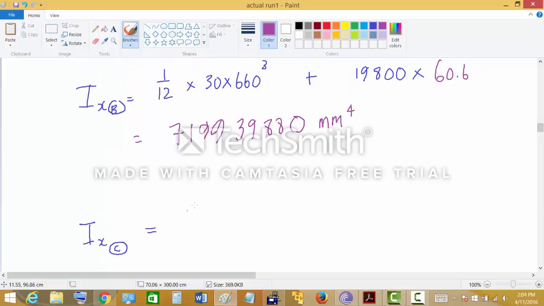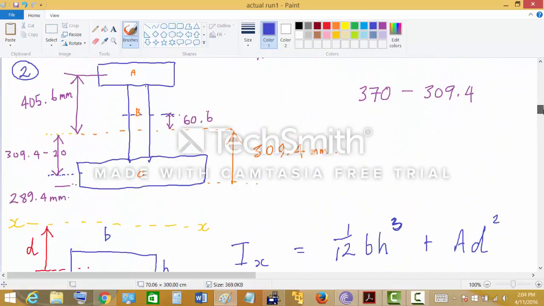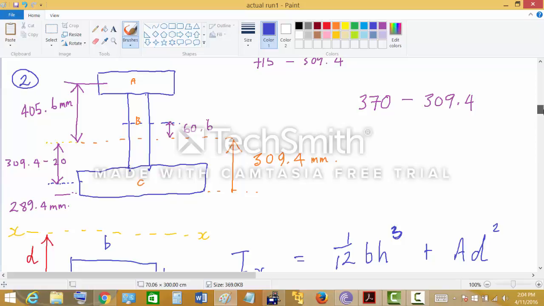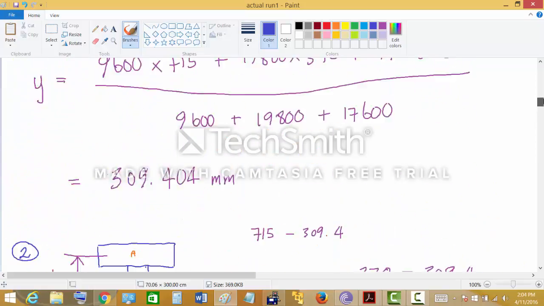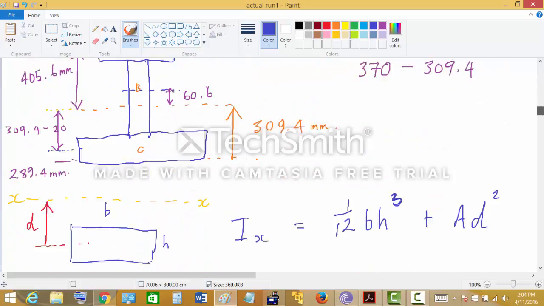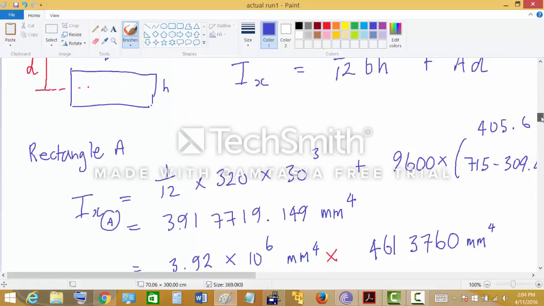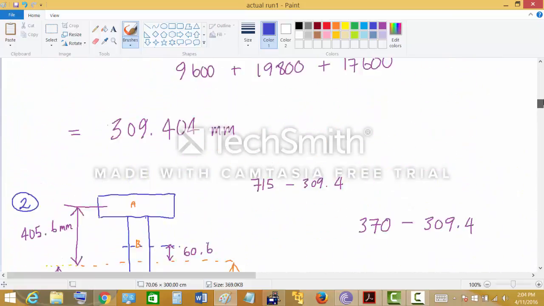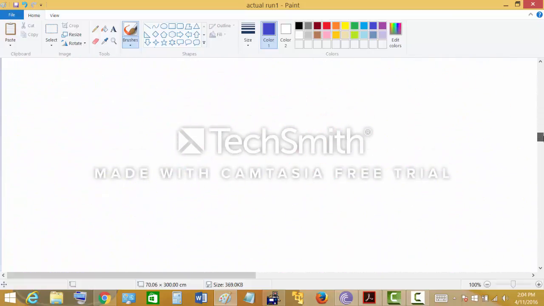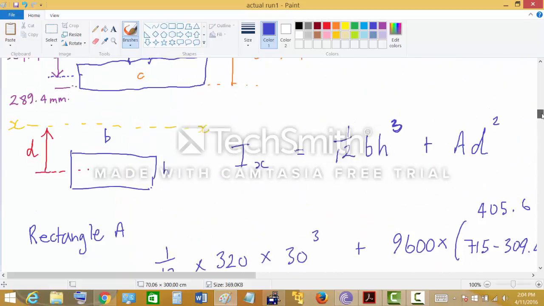Right, so 1/12 times the base, C is 440, times its height cubed. Height is 40 plus its area.